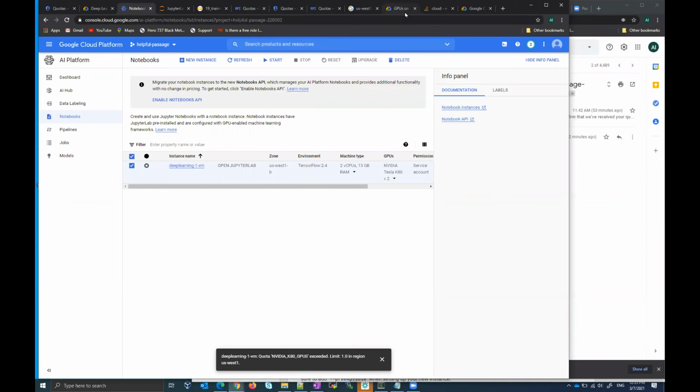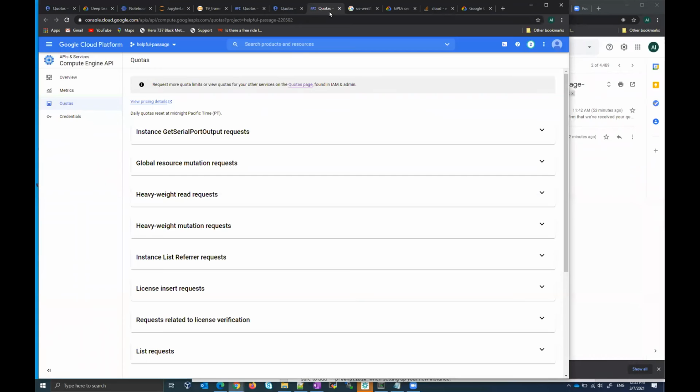I found the link from other places, with this service ID. I found these two messages, and I requested both. Both were denied so far. So I cannot get two GPUs yet.